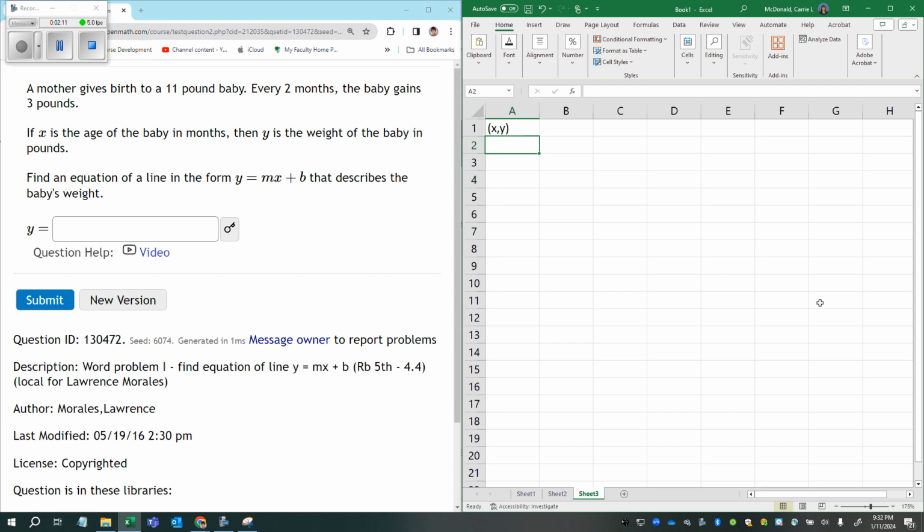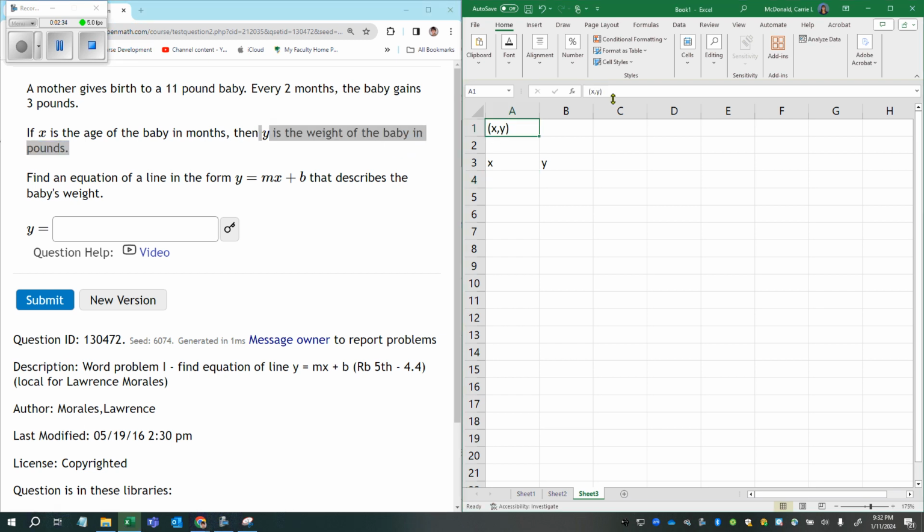So let's read this again and see if we can pull out any ordered pairs. It says a mother gives birth to an 11-pound baby. So let's make a column for X and a column for Y. The 11-pound baby, that's a number of pounds, and Y is the weight of the baby in pounds, right?